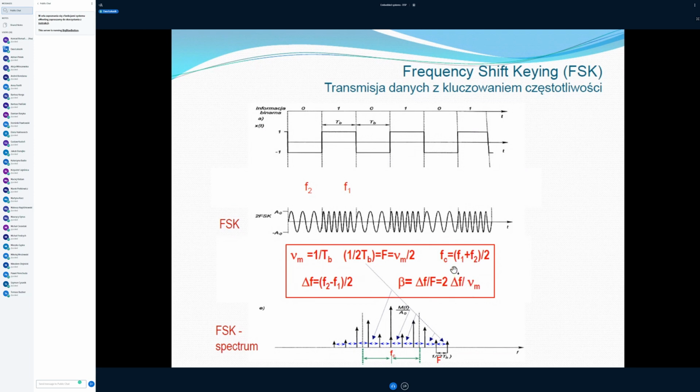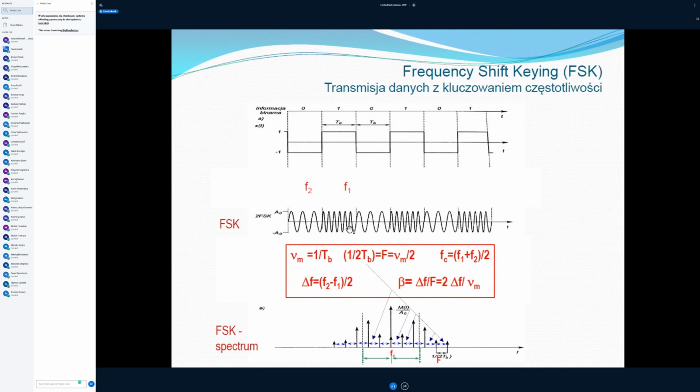And as I said before, if we had, for example, 2 zeros, we would have more of this lower frequency. So for example, this is 100 and this is 200.